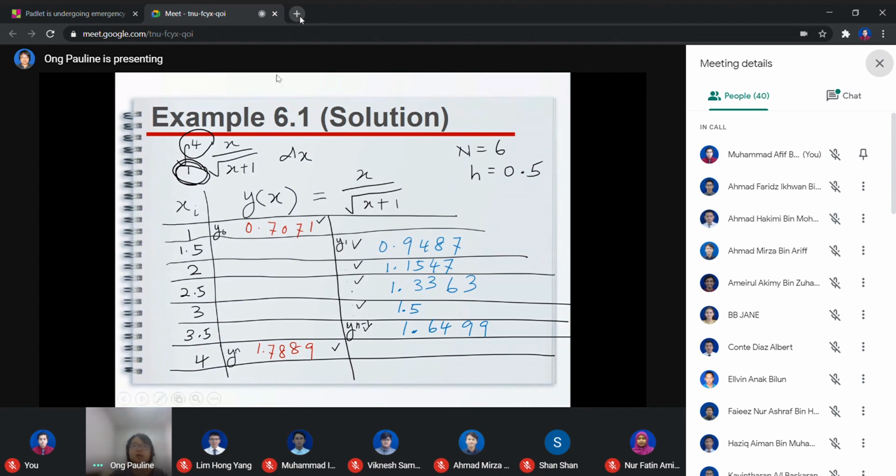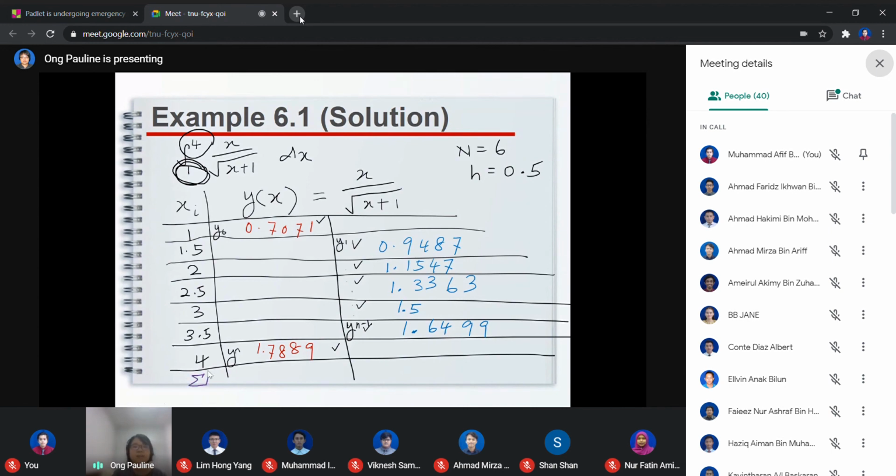Okay, so I hope my calculation is correct. Now what we need to do is put the summations here.